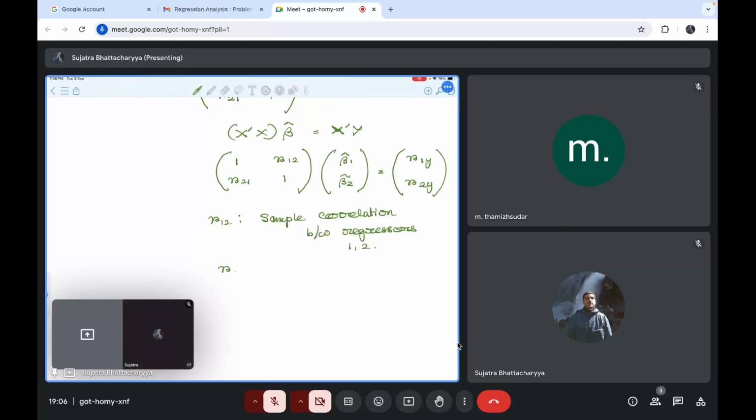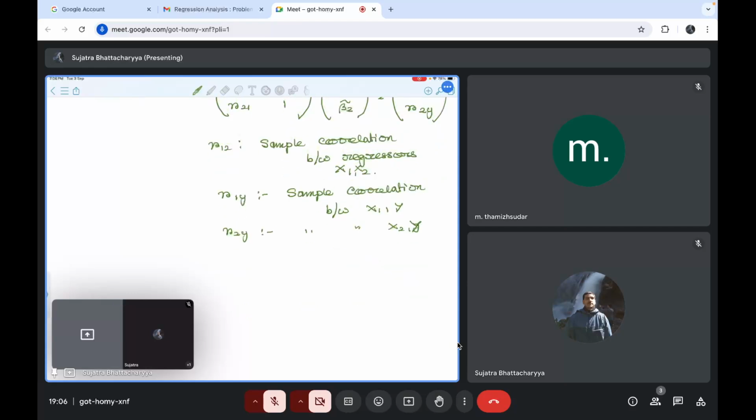Similarly, R1y is the sample correlation between x1 and y. Let me write x1 and x2. And R2y is the same sample correlation but between x2 and y. Okay, so this is the definition. Okay, what is Rxy?